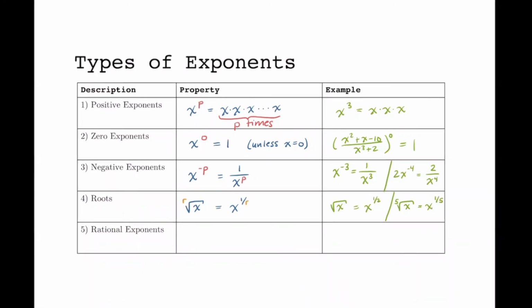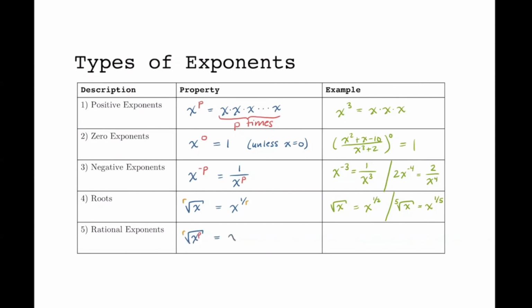Generalizing the idea of roots being written as x to the 1 over r, the rth root, I'll use r again here for the root. Maybe inside of the root we have a variable x, or maybe a number or anything in here raised to an exponent or raised to a power, and I'll use p there for that power. We can also convert this into an exponent and maybe make it look a little less clunky and have it be easier to work with.